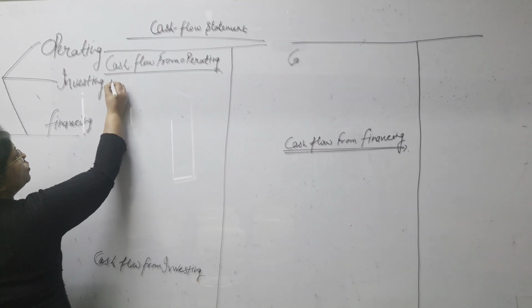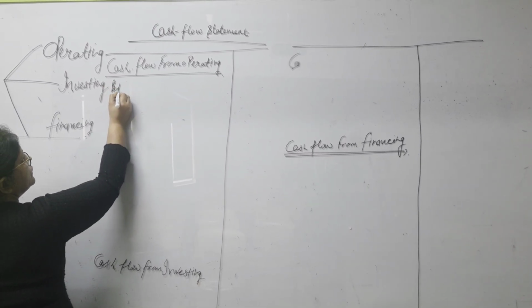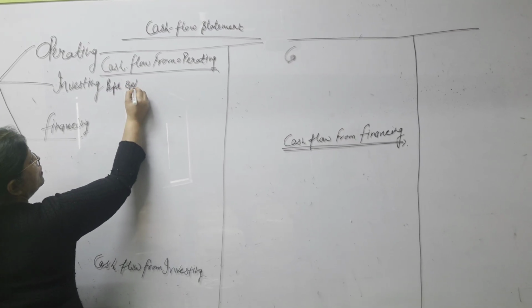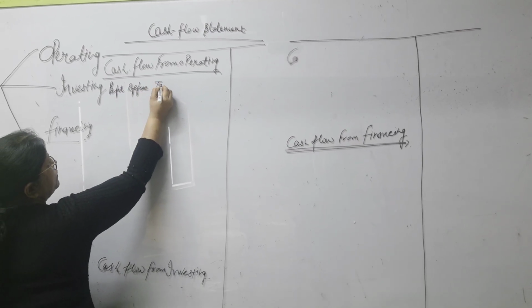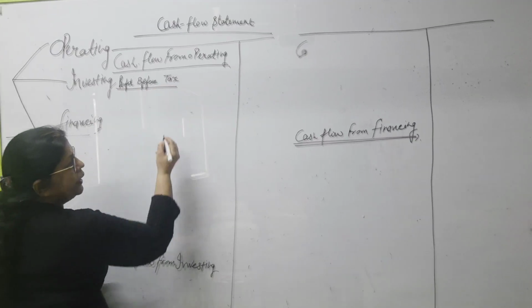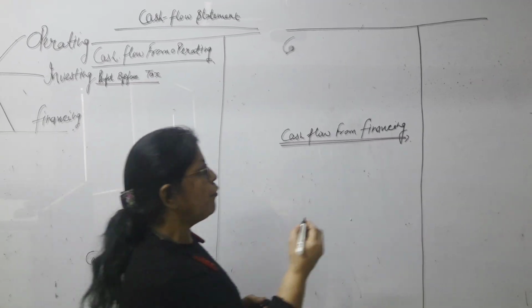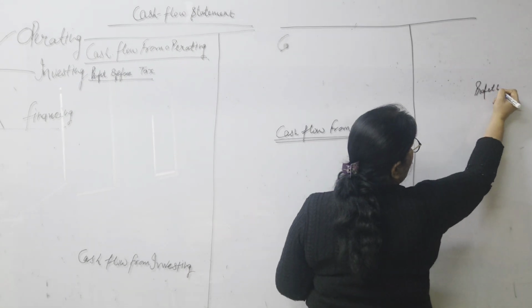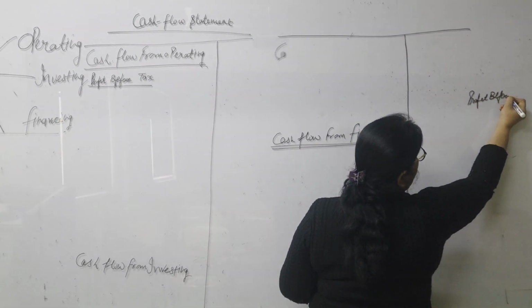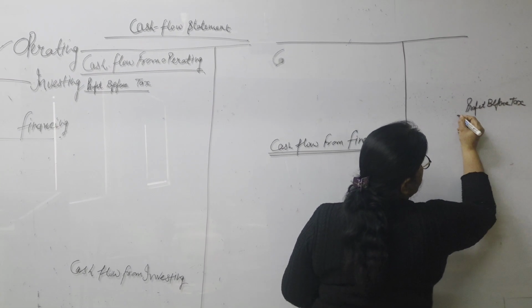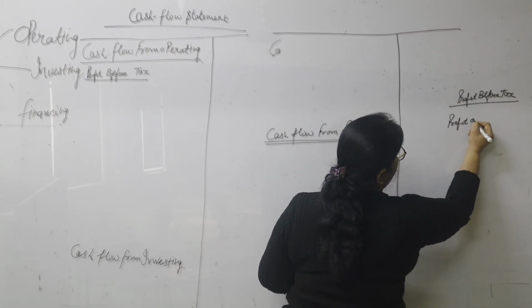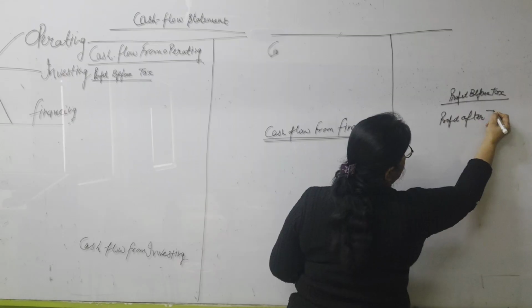First of all, you have to calculate profit before tax. You have to prepare a working note of profit before tax, that is profit before tax is equal to profit after tax.